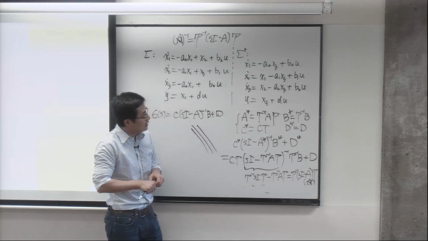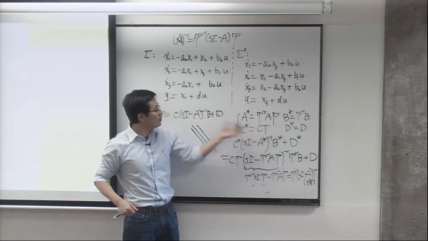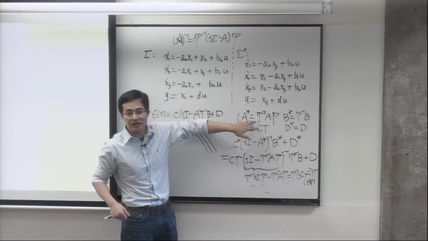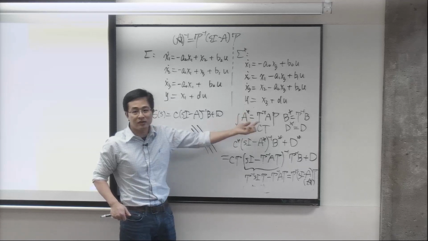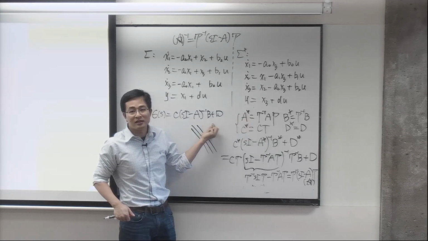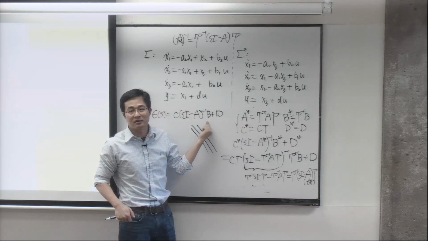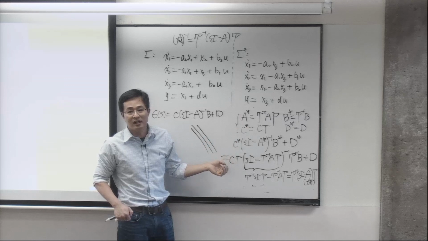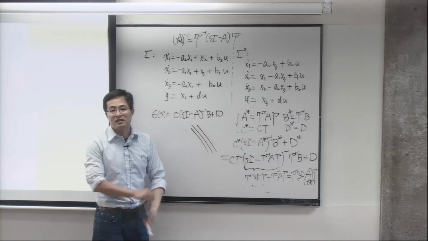If you think of it in a different way, we have gone through one similarity transform and got an ABCD matrix. So you can imagine if you do another similarity transform to go back, there's another set of T to allow you to go back from here to here, right? And then you can recover ABCD exactly the same. But I guess that will be an overkill for this kind of exercise here.